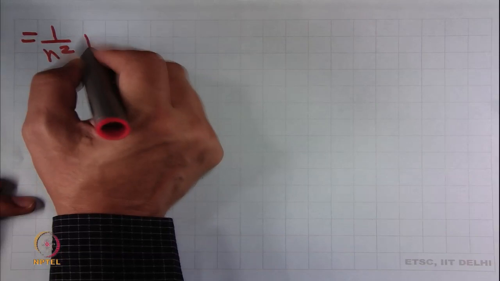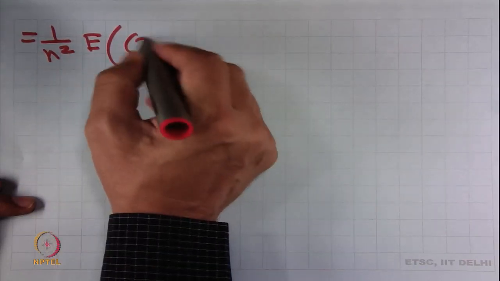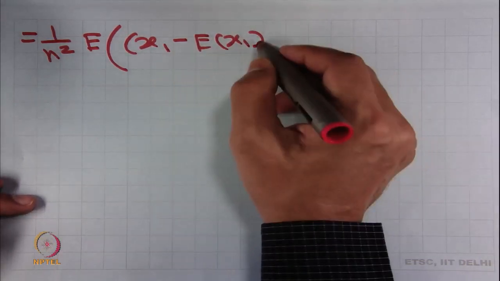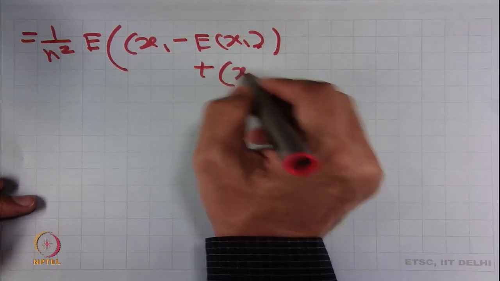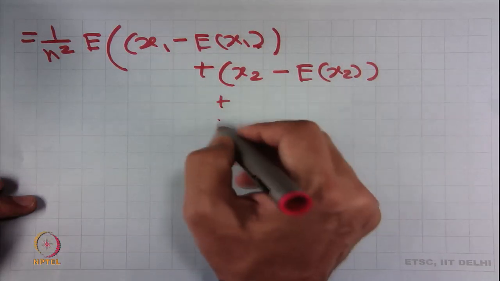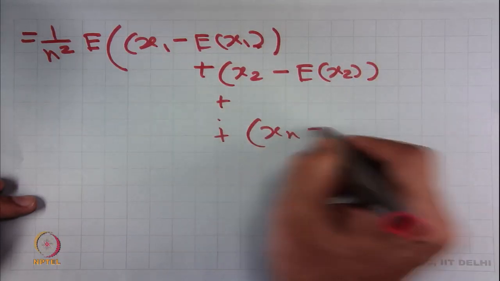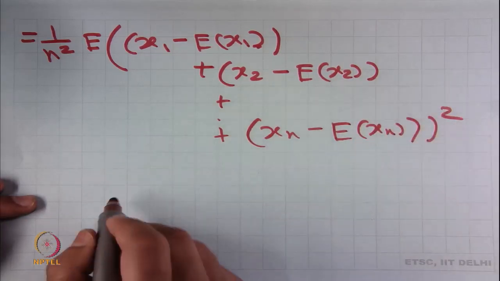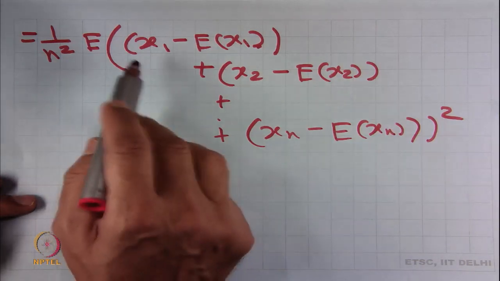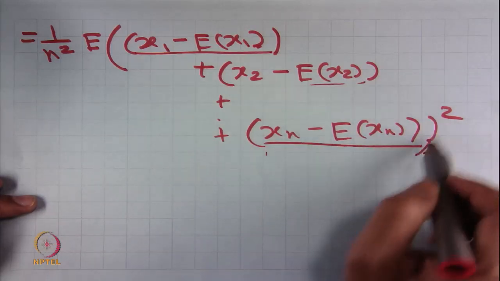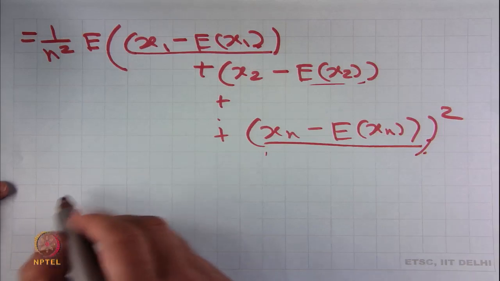We rewrite it as expected value of x1 minus E of x1 plus x2 minus E of x2 plus xn minus E of xn whole square. So, it is n terms and their square its expectation.